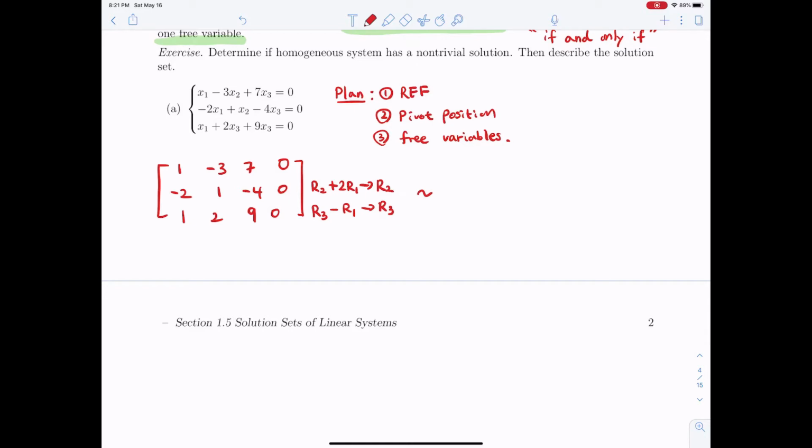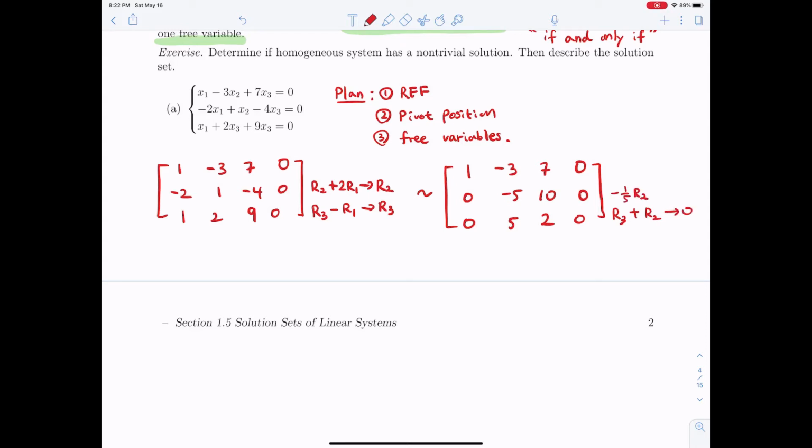Then the given augmented matrix is row equivalent to [1, -3, 7, 0], [0, -5, 10, 0], [0, 5, 2, 0]. Now, to make it an upper triangular matrix, we add R2 to R3 and multiply R2 by -1/5.